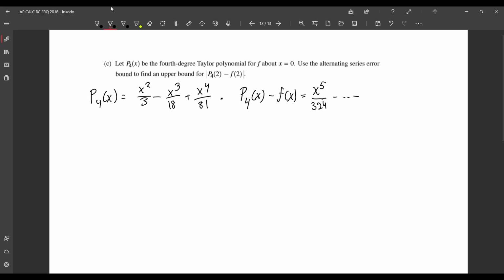I'm pretty sure that the alternating series error test says that the bound for this is going to be the absolute value of this next term.